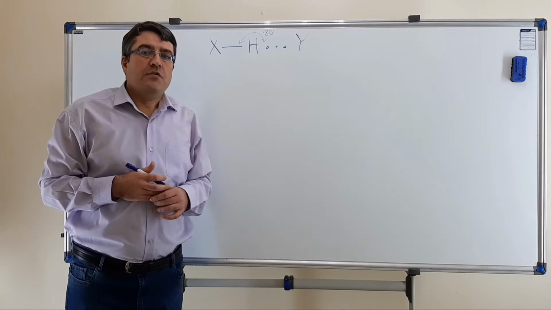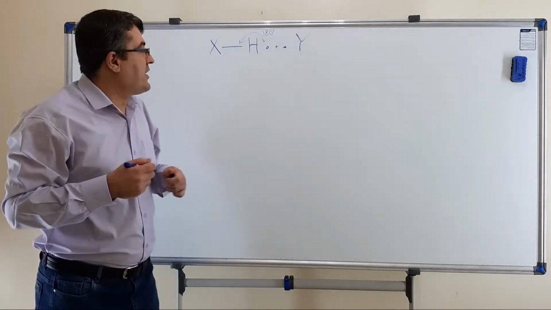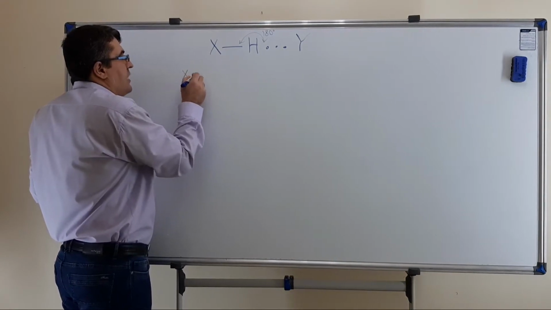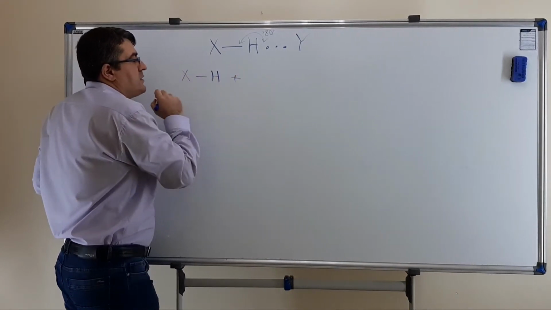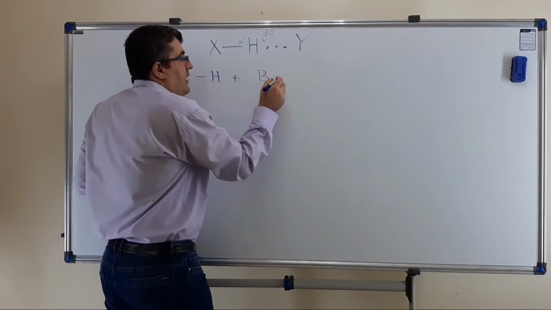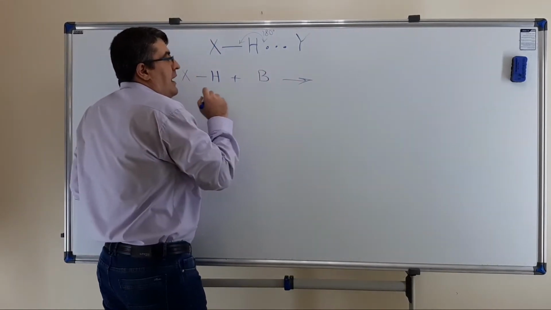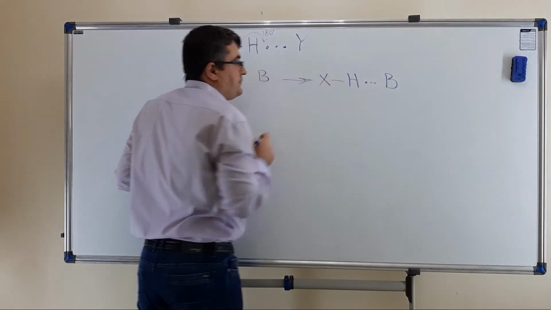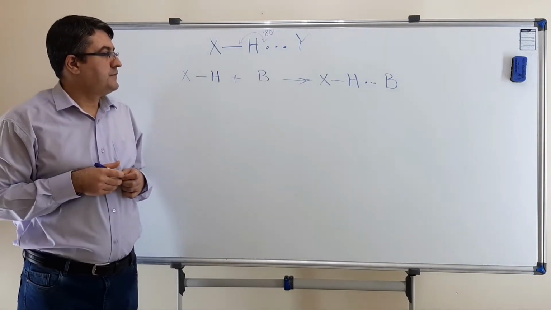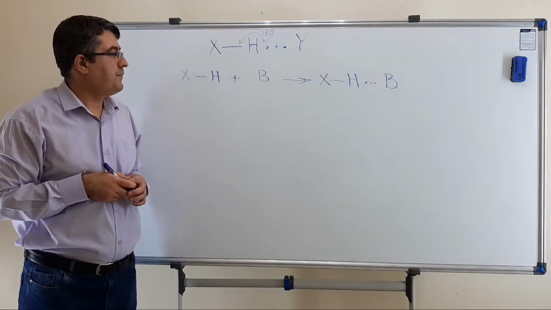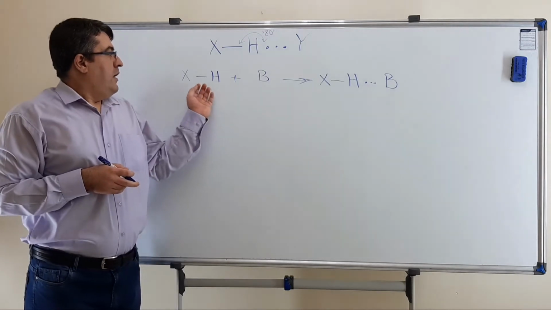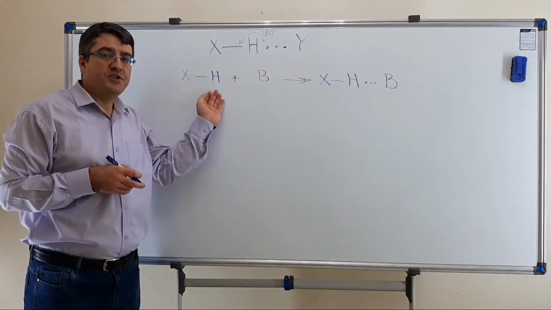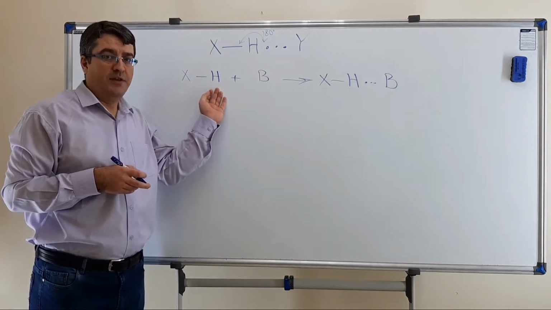The general form of such reactions can be assumed as follows. XH plus Lewis base B yields the Lewis adduct XH B. Here, XH provides the hydrogen for formation of hydrogen bond.